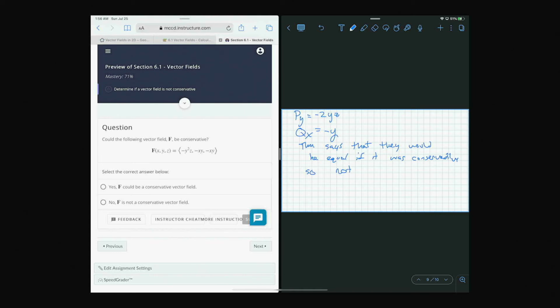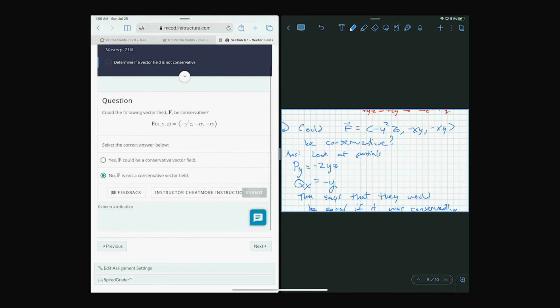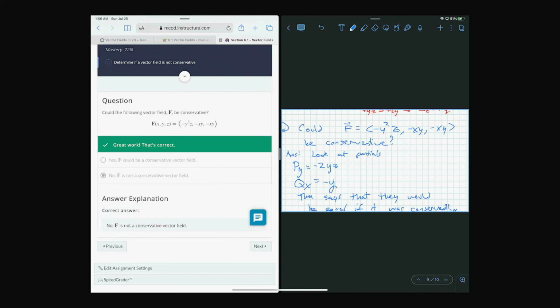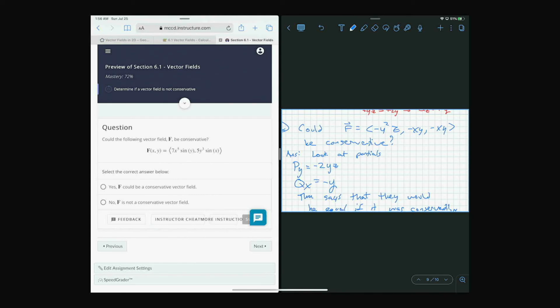So not conservative for sure. There's no way this could be the gradient of a function because the partial derivatives don't work.